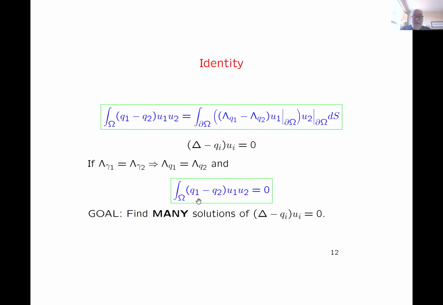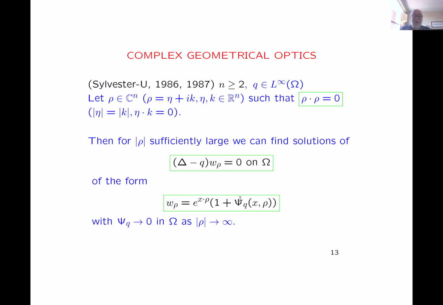And in the case of uniqueness, this is reduced to proving that there are many solutions of the equation so that the products are dense. So I'm going quickly because I know this is material that probably most people know. And most of the methods in dimensions 3 or higher that have been used for uniqueness and reconstruction and stability are these complex geometrical optics solutions.